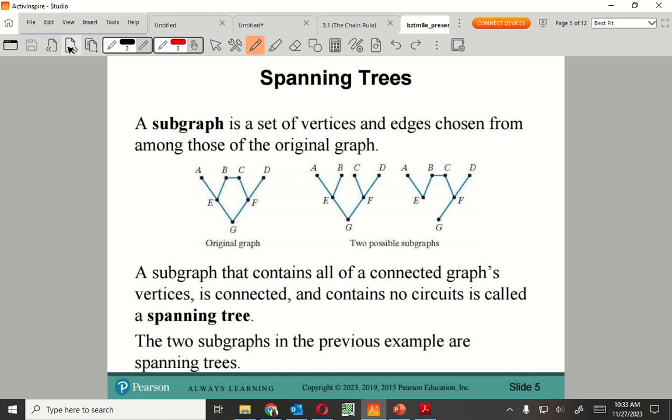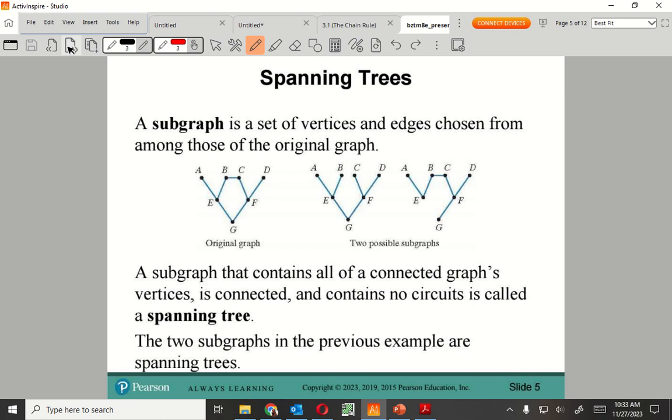Subgraphs and spanning trees. A subgraph is a set of vertices and edges chosen from among those in the original graph. So the original graph is here. We have A, B, C, D, E, F, G. That itself is the original graph.